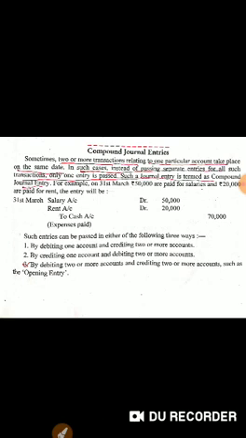Such entries can be passed in any of the following three ways: by debiting one account and crediting two or more accounts, by crediting one account and debiting two or more accounts, by debiting two or more accounts and crediting two or more accounts, such as the opening entry. Opening entry we will discuss later.